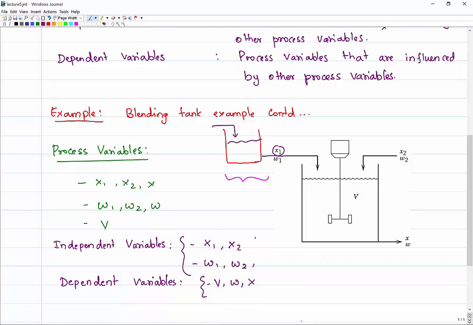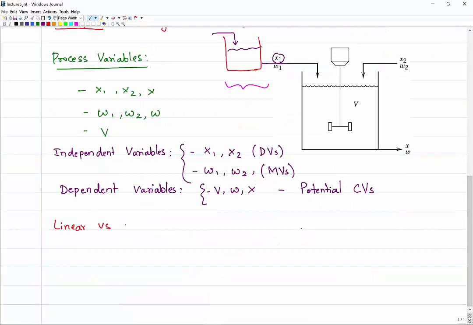W1 and W2 are two other independent variables with respect to the blending tank process. V, W, and X are the dependent variables because those three variables are influenced by other variables in the process. Dependent variables are also often the potential controlled variables.